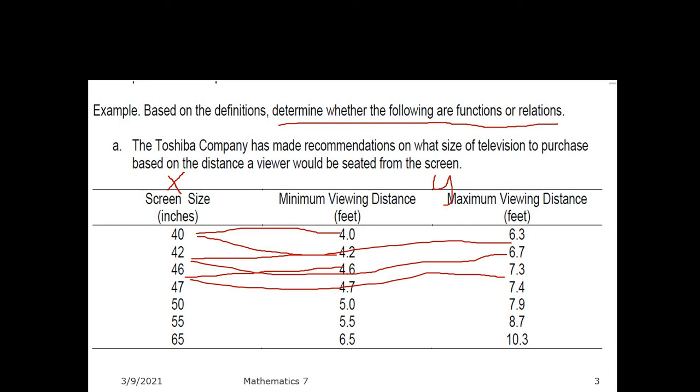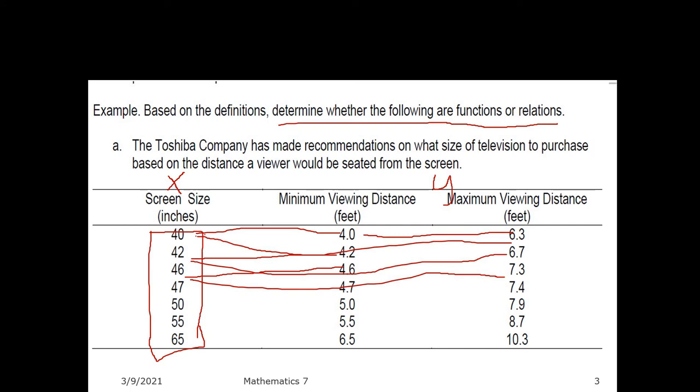As you can see, our 40 is actually paired with not just one but more than one value, because the minimum distance is 4 and the maximum is 6.3. There are still values in between, so our screen size is being paired with more than one distance, from 4 up to 6.3 feet.